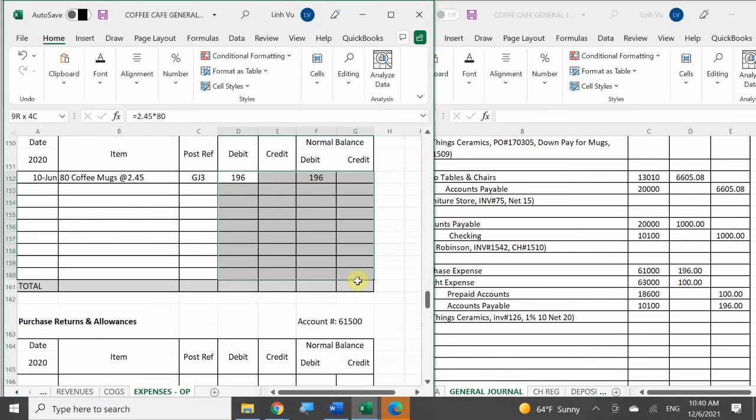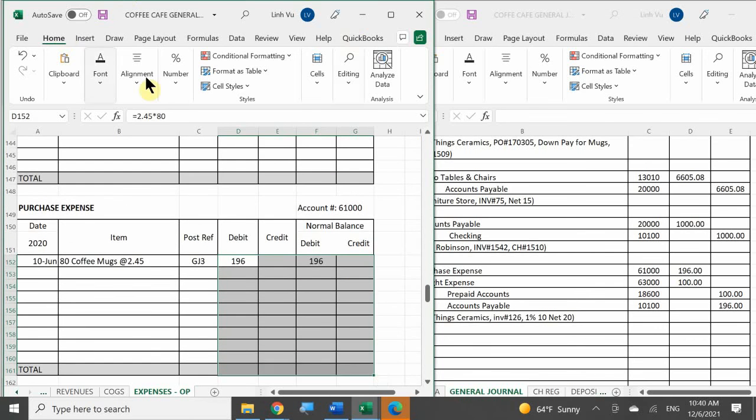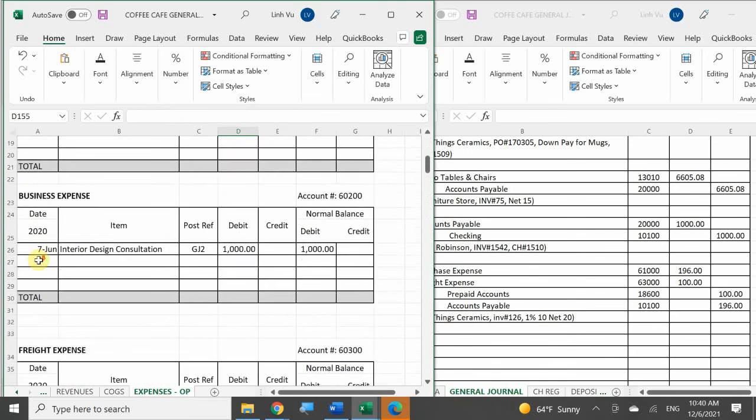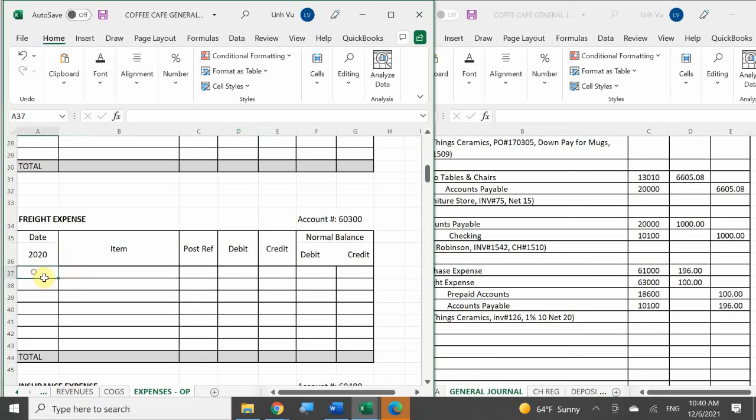Just to ensure that the math there is correct. And I'm going to format this real quick. We dealt with a freight expense, right? So here we are, freight expense, for shipment of 80 mugs.